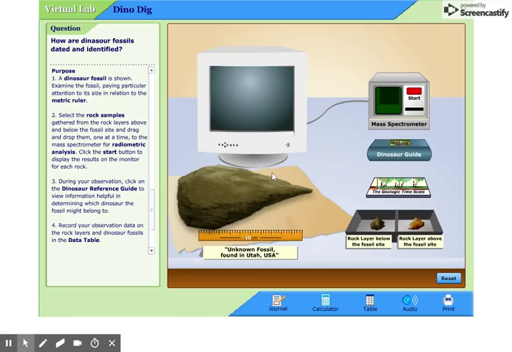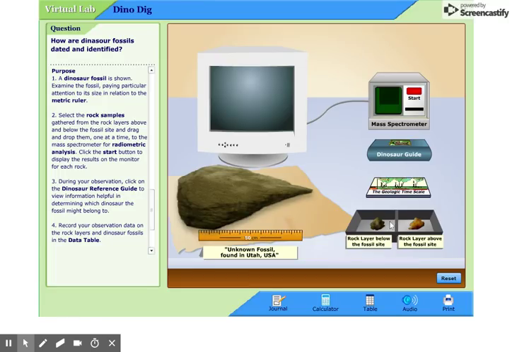We have a fossil here. It is an unknown fossil found in Utah, USA. So when I go to my ticket, I need to make sure that I pick that fossil from the list. I'm then going to look at the rock layer below and the rock layer above the fossil.